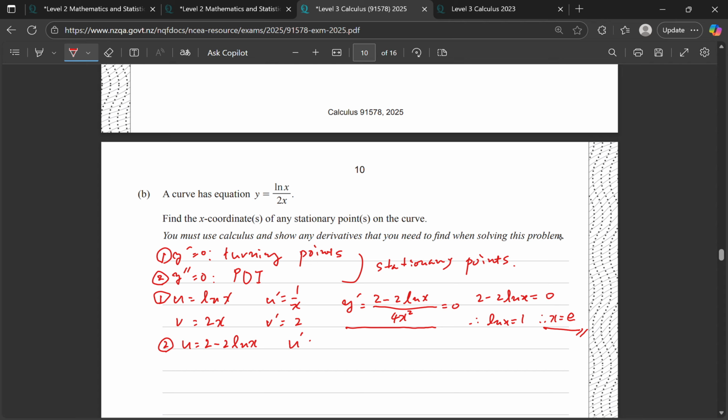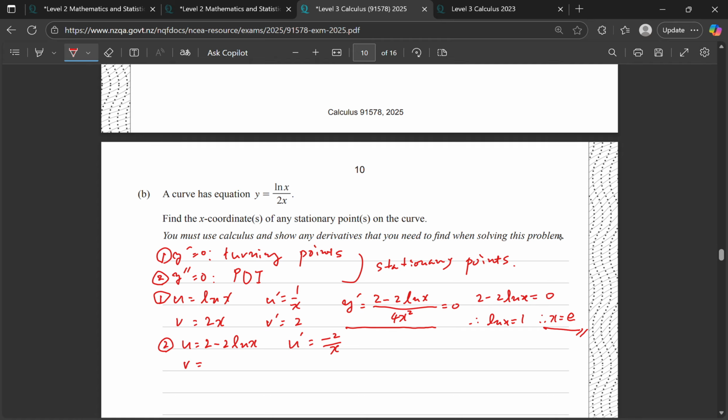Hence u prime is minus 2 over x. Let me explain. When you differentiate 2, that becomes 0, and minus 2 times ln x, when you differentiate ln x it is 1 over x, so therefore u prime is minus 2 over x, right?